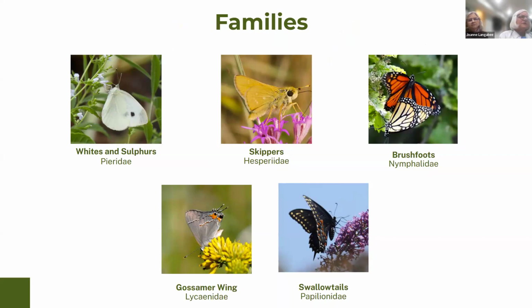Not that they're all necessarily brown, but that's how they're usually described. Brushfoots, there are all sorts of subdivisions that we'll be going over. Gossamer wings, there are a number of different groups in that, and then the swallowtails. Probably the brushfoots, swallowtails, and whites and sulfurs are the ones that people are most familiar with. Skippers often get overlooked because they're fast and they're brown and they blend in.